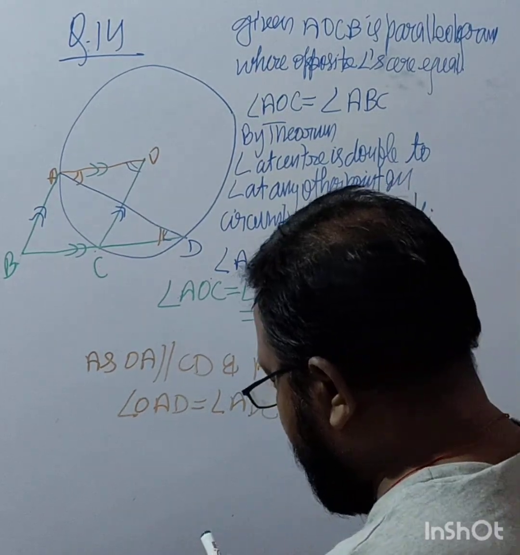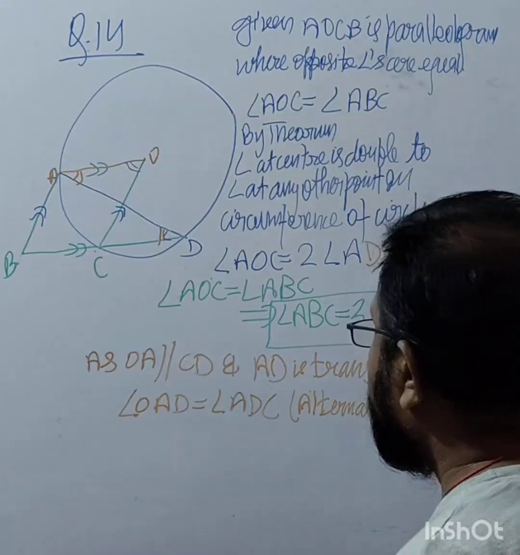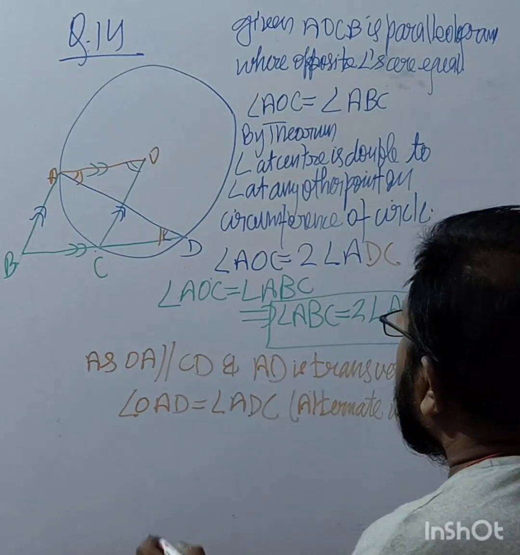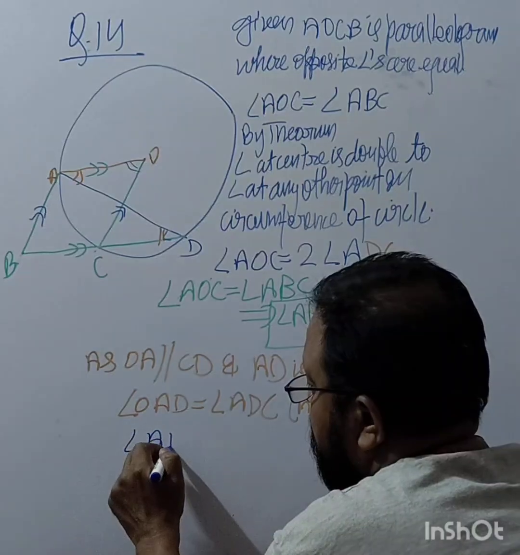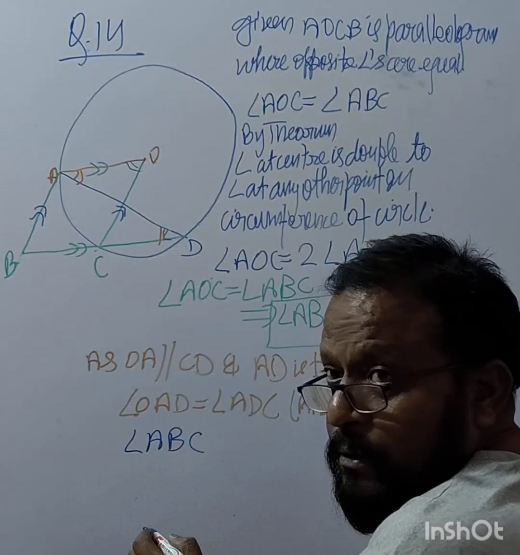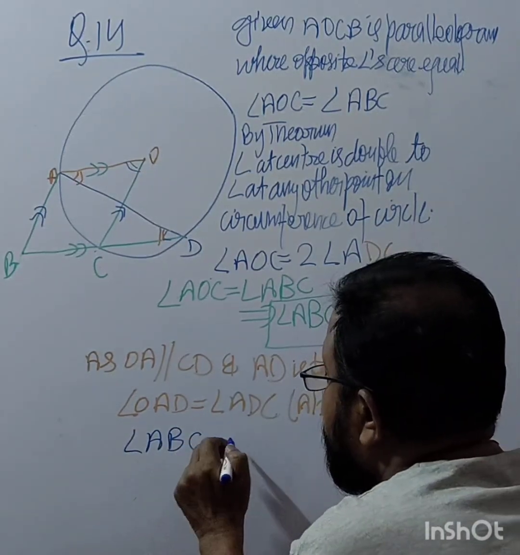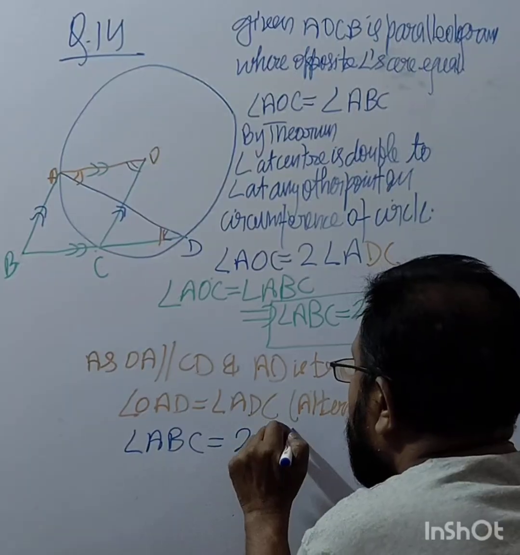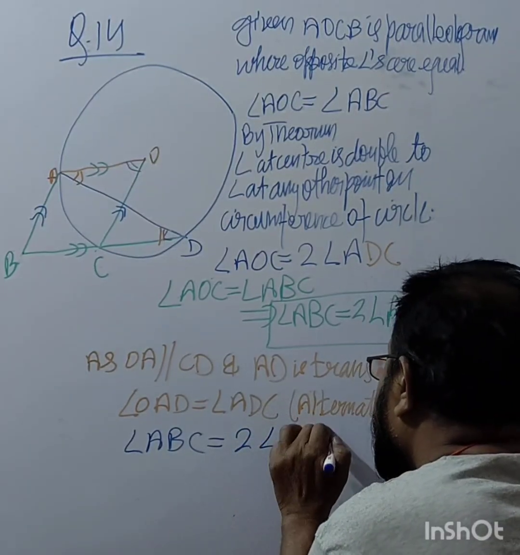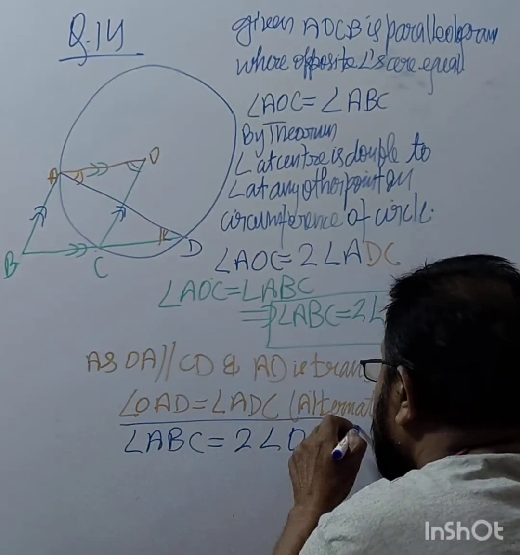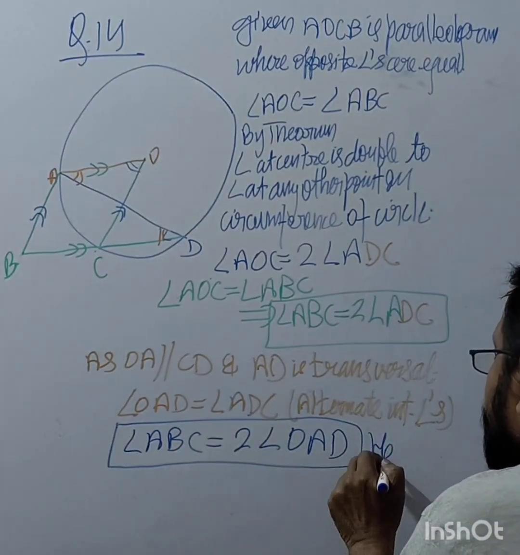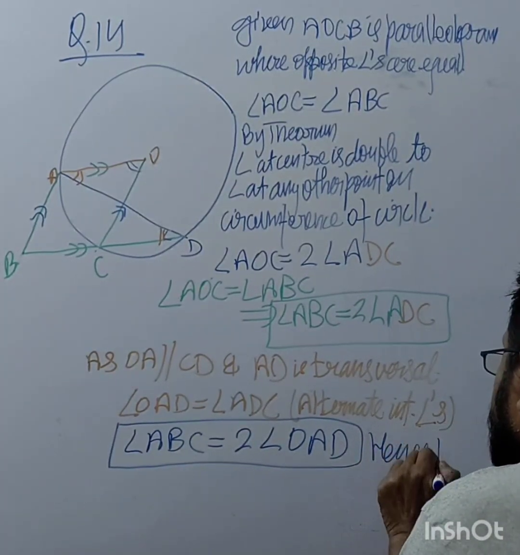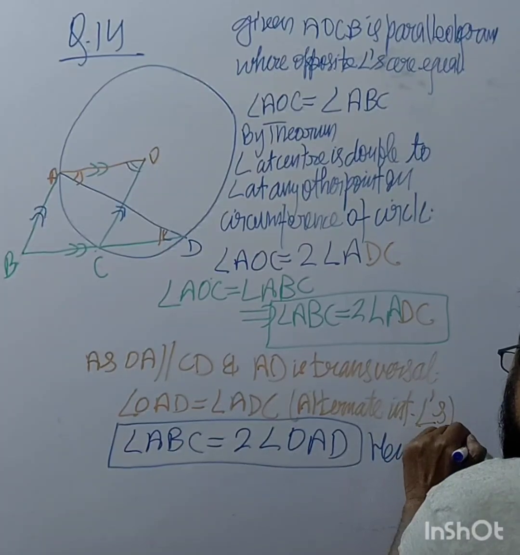So now you can write here angle ABC is equal to 2 angle OAD. This you want? Yes. So hence it is proved.